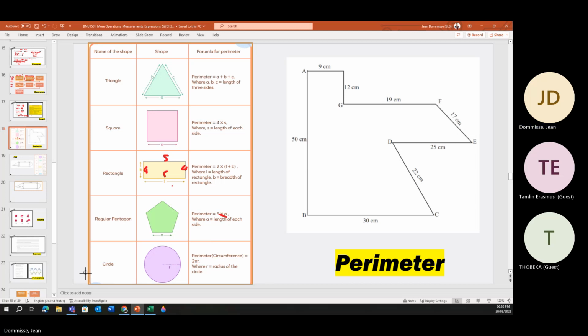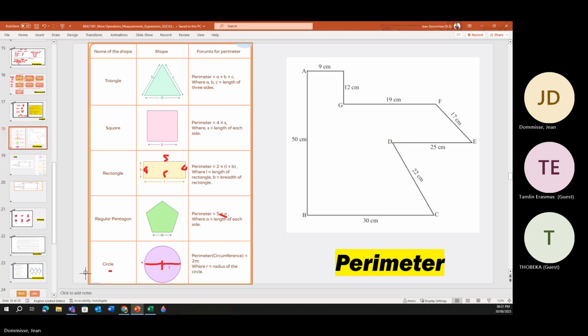And then the last one is the circle. I think what is important is that it's really not like the others. They need to give you the radius of a circle. What they can also do is give you the whole length across, and then remember that the radius is half of that length.